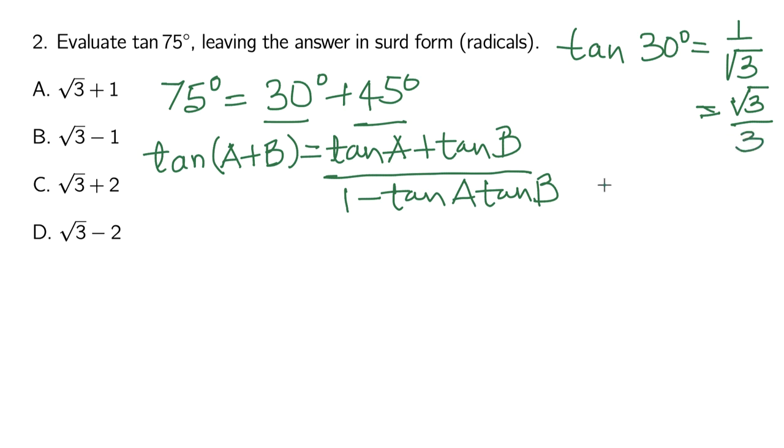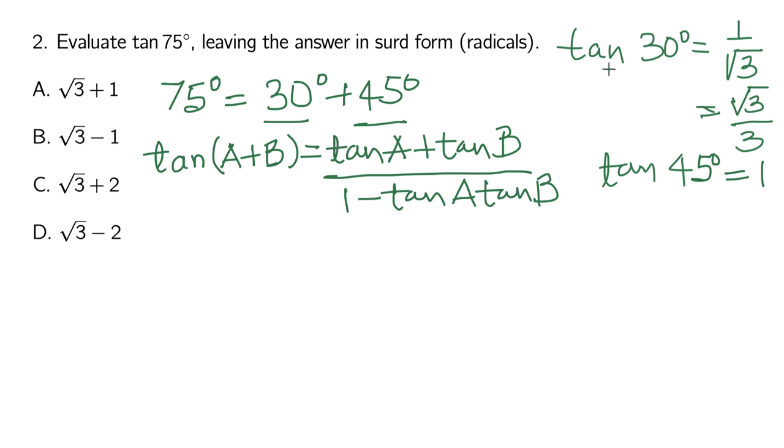We also know that the tangent of 45 degrees is just 1. Now these are trig ratios that you should have memorized by now. So if you don't know them, you can rederive them or just refer to your textbook and remember them. But to solve a problem like this, you need to remember these ratios.